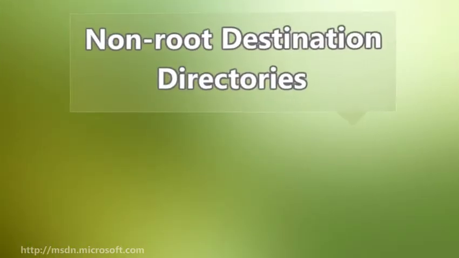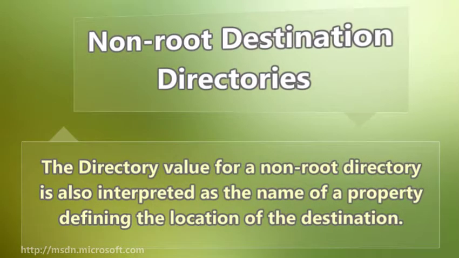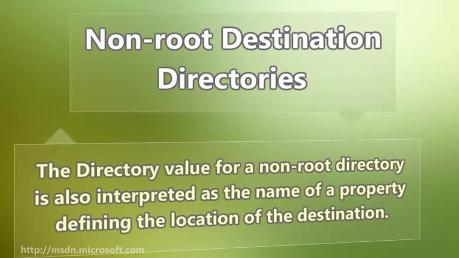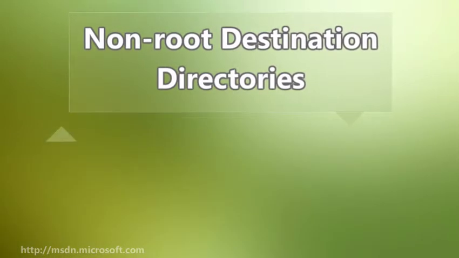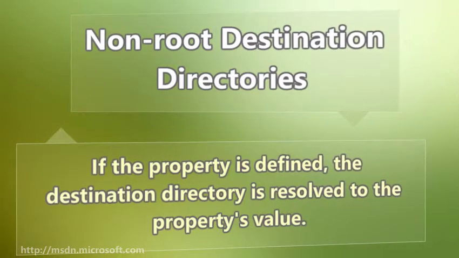Non-root destination directories. The directory value for a non-root directory is also interpreted as the name of a property defining the location of the destination. If the property is defined, the destination directory is resolved to the property's value.